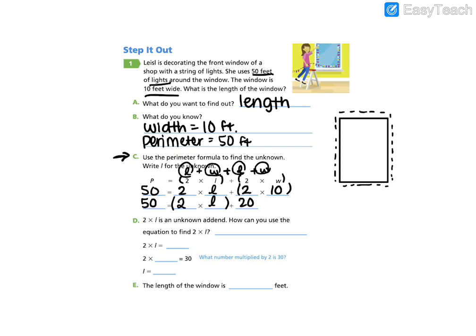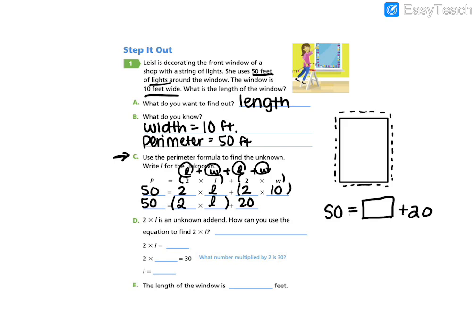How can we use the equation to find 2 times L? Well, this gets a little tricky, right? We have 50 equals something plus 20. We want to get this something by itself.